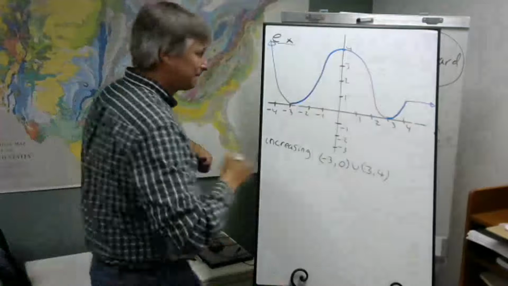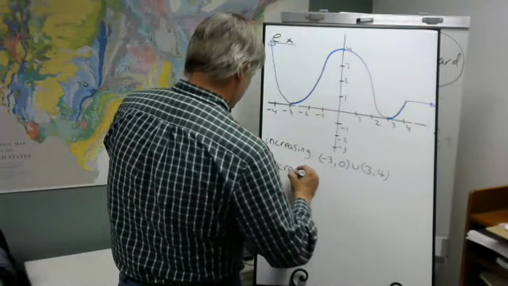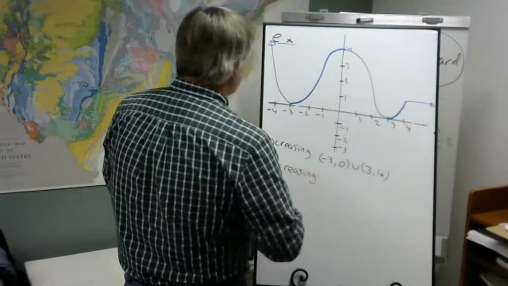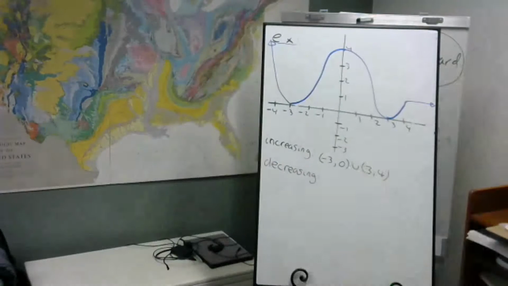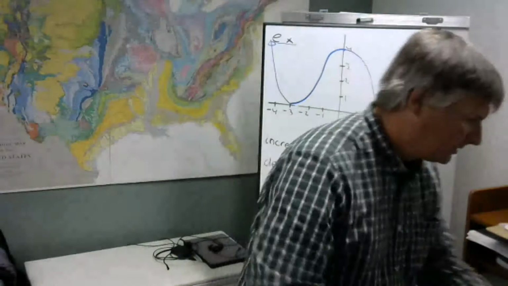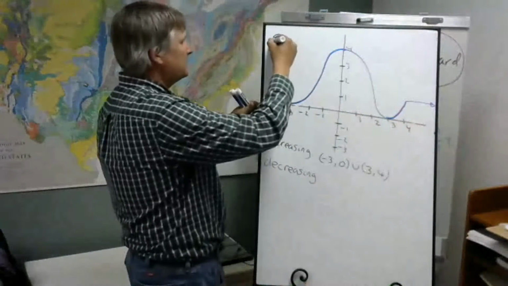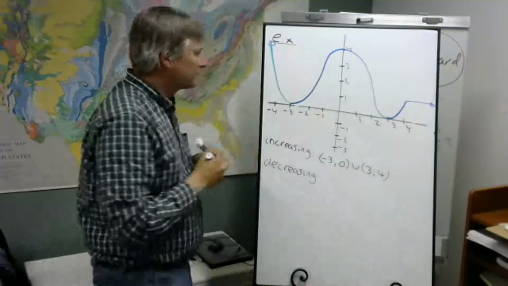What about decreasing? Well, where this is decreasing, let me get a different pen. As we look at the graph sweeping across left to right, when is this thing dropping down? Well, it's dropping down here.